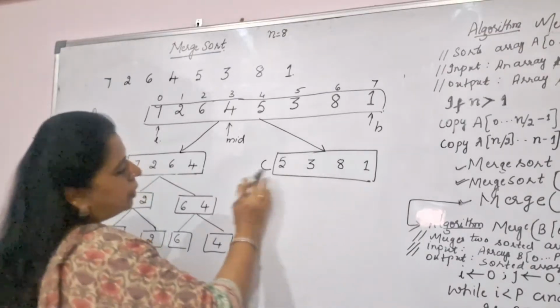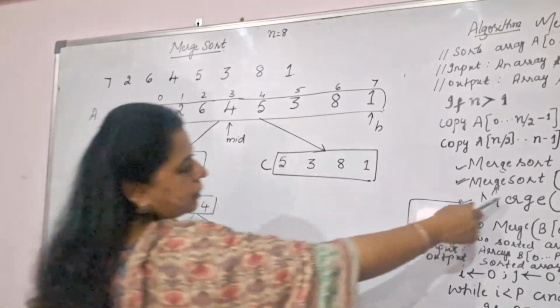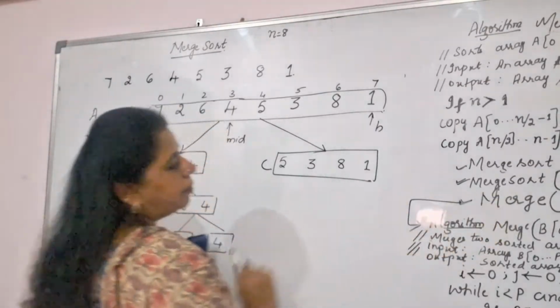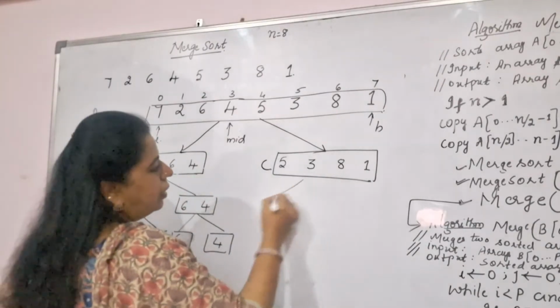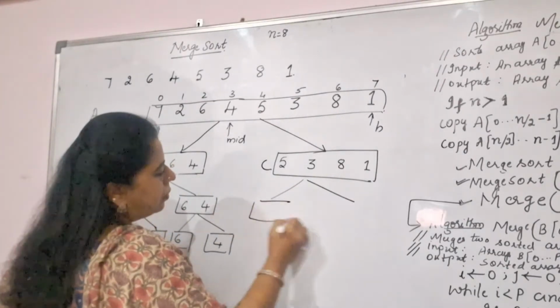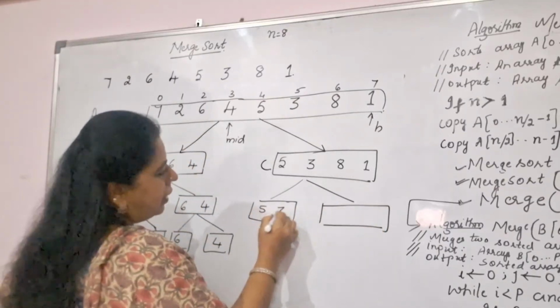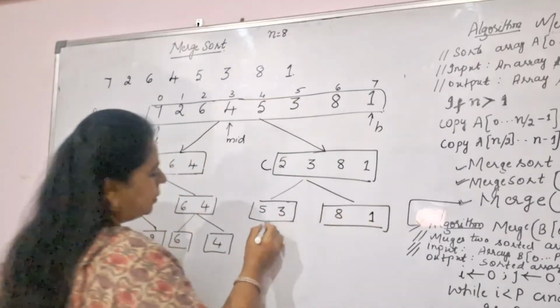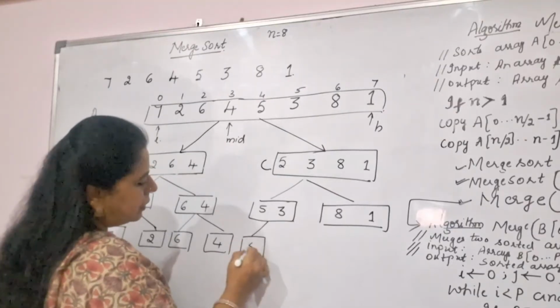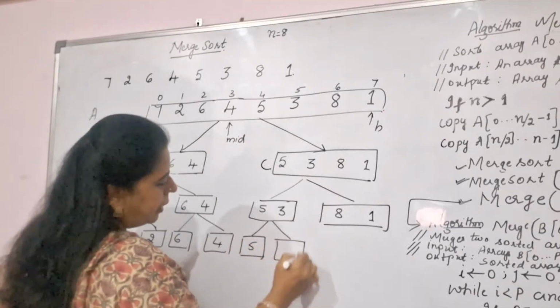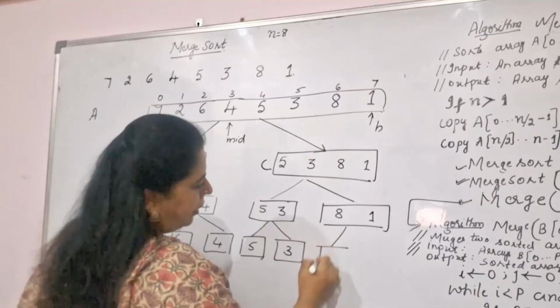Now come to this C array. You can see merge sort applied to C, and it will get divided into two sub-arrays, 5 and 3, 8 and 1, and these will once again be divided into single elements.